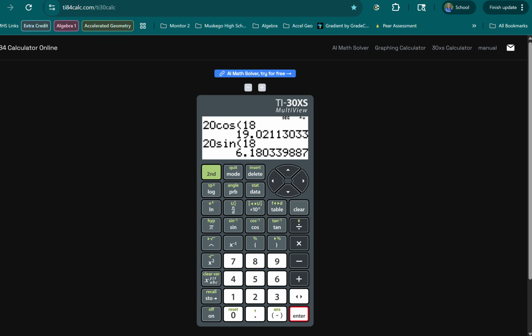To find the whole base, I need to double it. 12.36. To find the perimeter, I'm going to take that number and multiply it by my number of sides, which is 10. There we go. 123.6. And then I'm going to leave that in my calculator while I find this area.